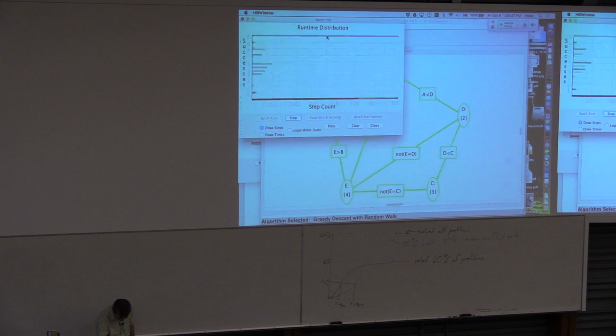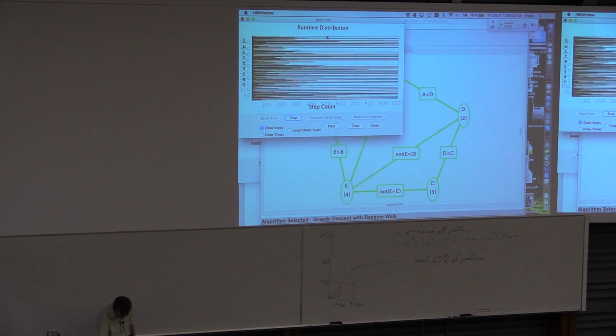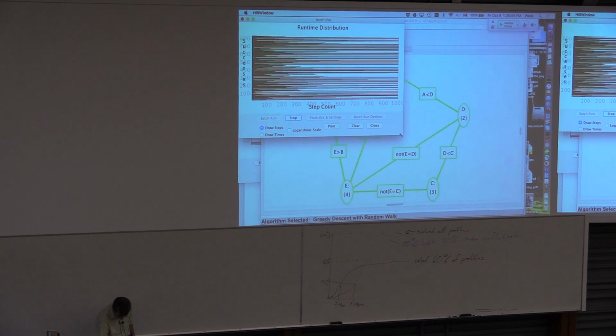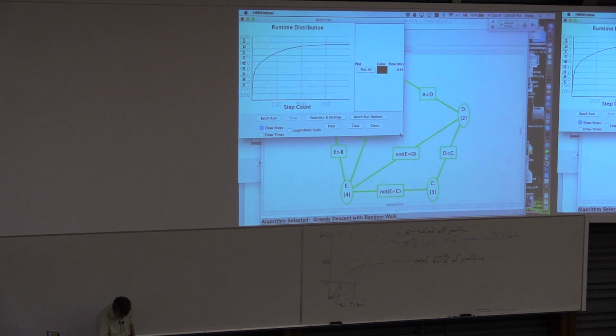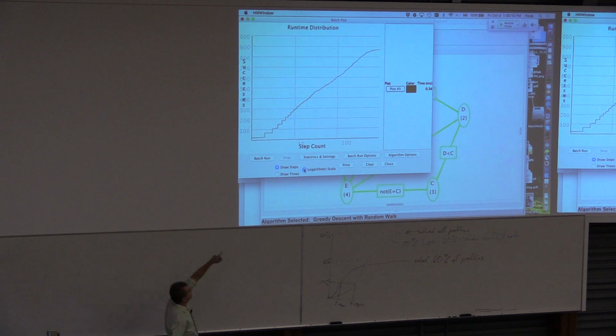If we do a batch run on this, we'll find that it can solve a much higher proportion of the problems in 1,000 steps, about 89%. The other one's about 60%. This is about 85% of them. Because this is actually an easier problem, there are two solutions here instead of one. So as the number of solutions goes up, it's actually easier to find solutions.